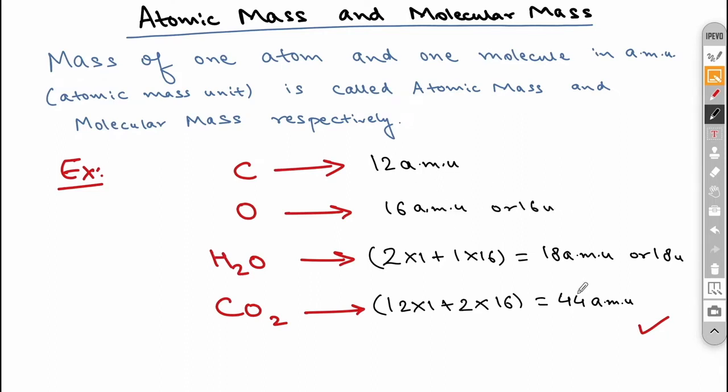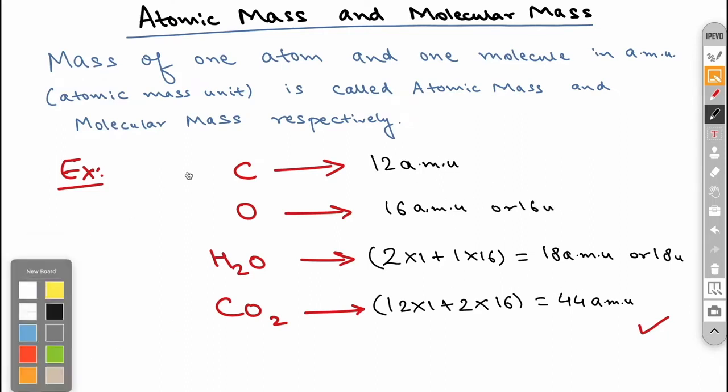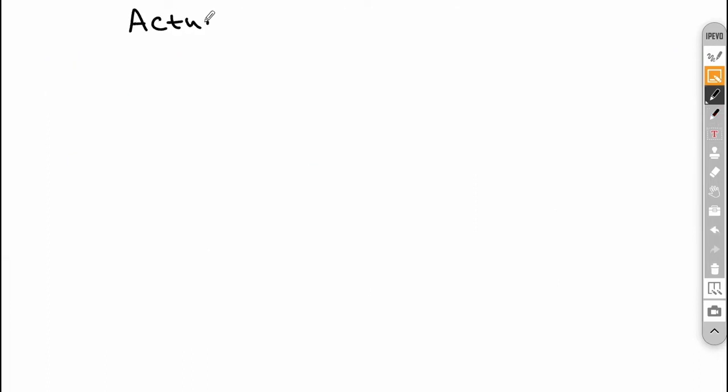You can also write U instead of AMU. Now moving further, we'll talk about actual mass of atom and molecule. So I'll discuss the definition first, then we'll move to the example.